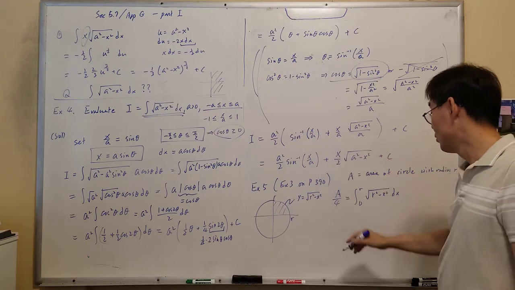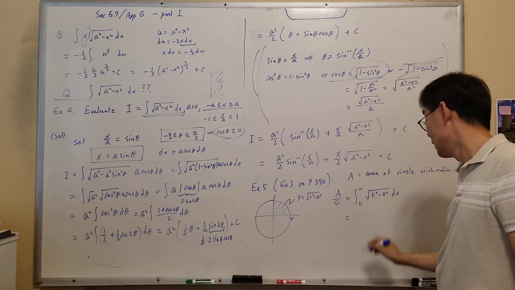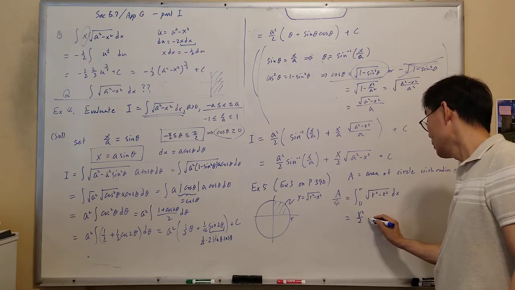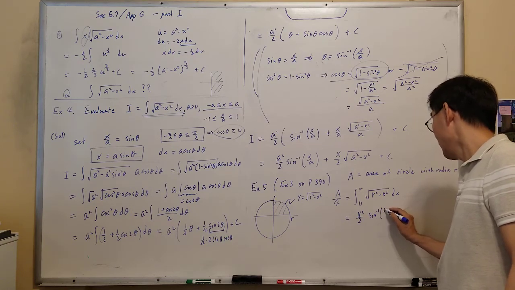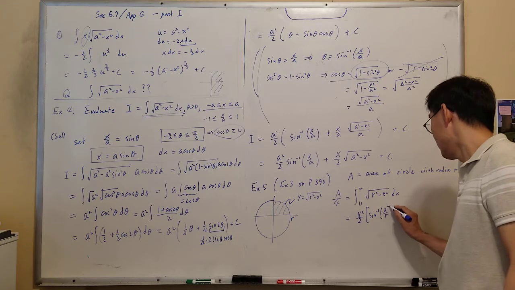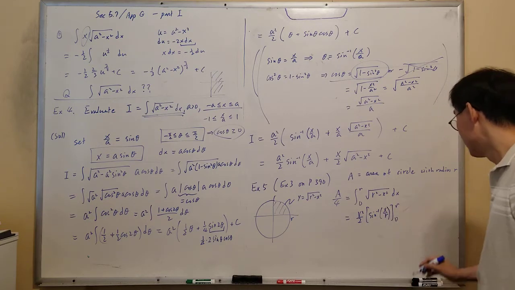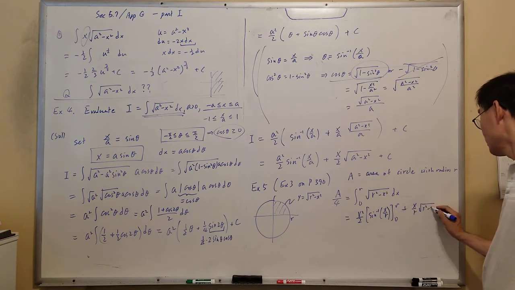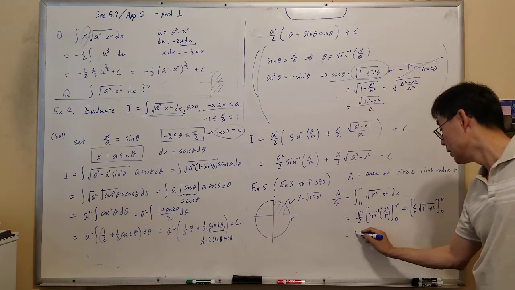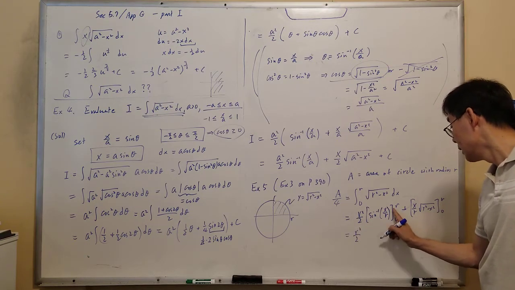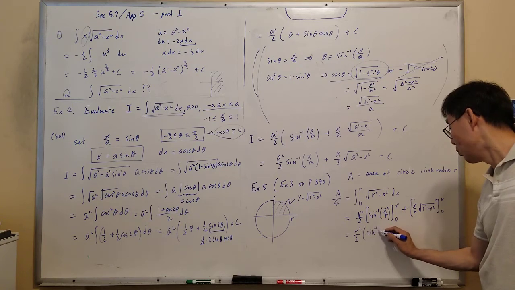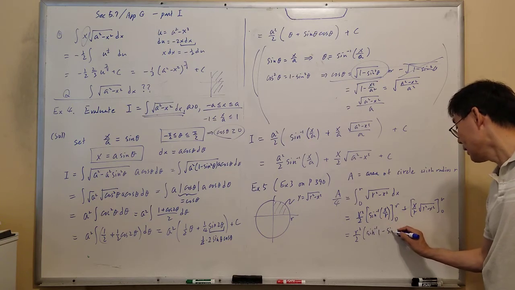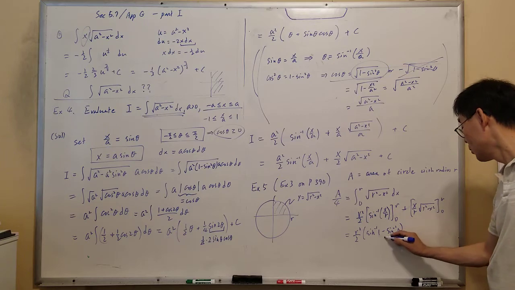Then you just have to do this, right? In the end, what they are doing is sine inverse of x over r from 0 to r, and x over r times square root of r squared minus x squared from 0 to r, with r squared over 2. Sine inverse of 1 minus sine inverse of 0, which is 0.